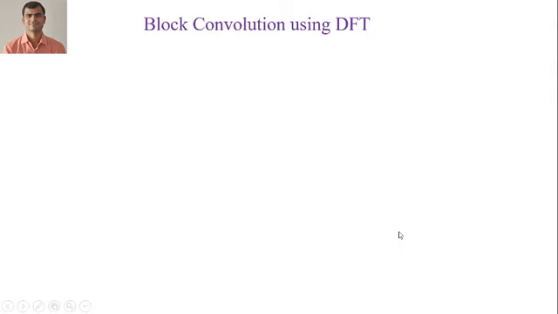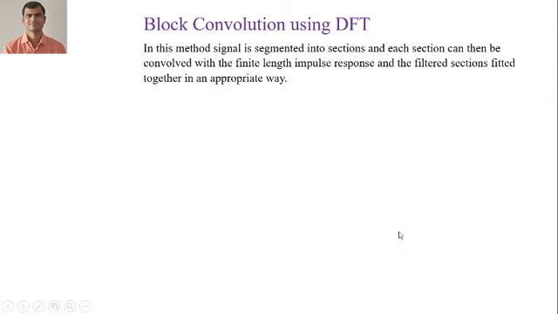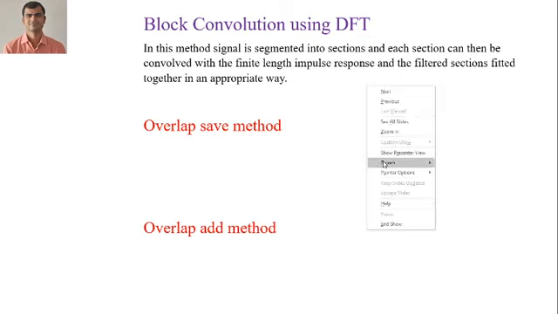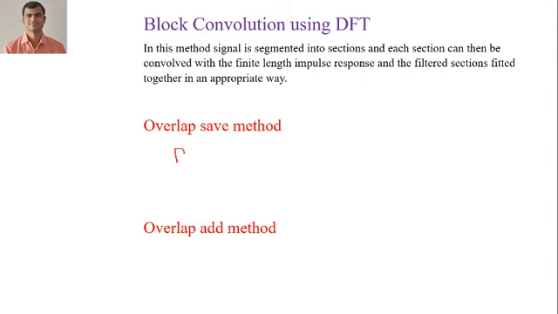Now block convolution can be performed in two ways. One is known as the overlap save method, and the second is known as the overlap add method. So what we do in the overlap save method, let me take the pointer option. First we find M minus 1.